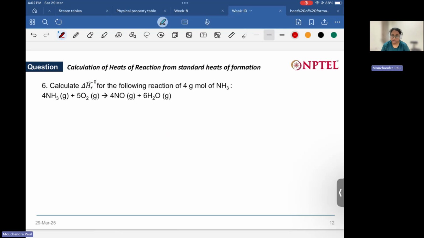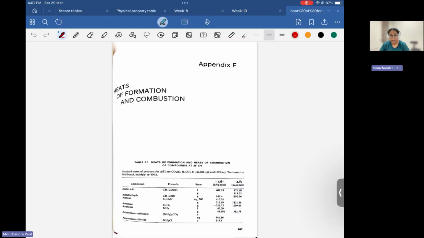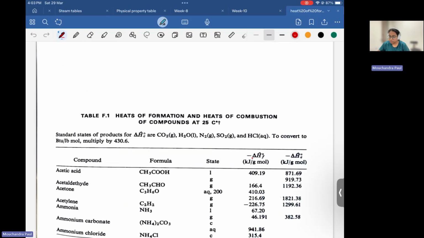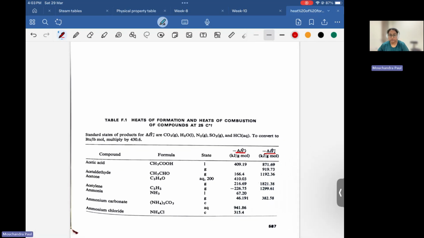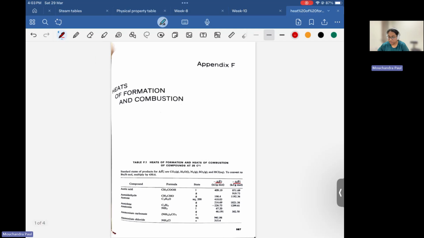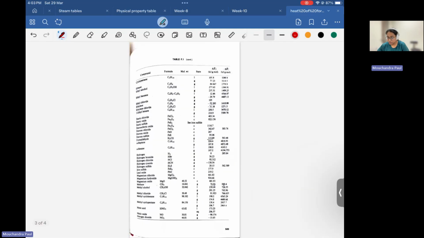But for doing this, you would need to refer to the standard heats of formation. There is a table that gives the heat of formation HF and heat of combustion for a lot of compounds, from acetic acid to, let's say, water.